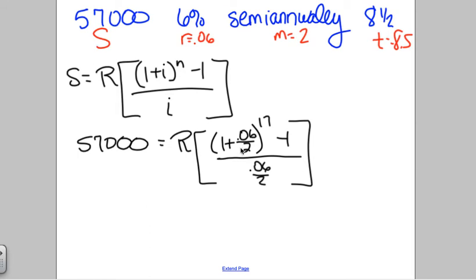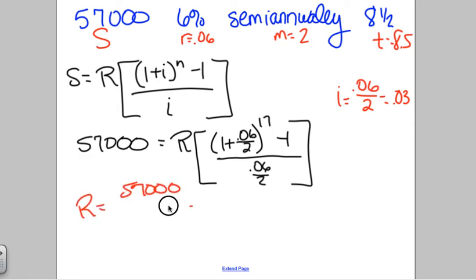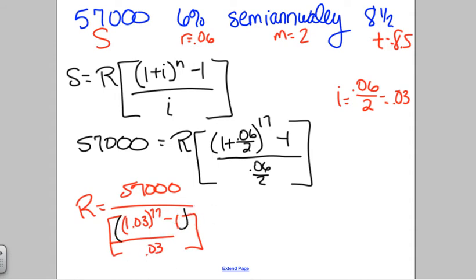Now for this one, it'll be easier for you to go ahead and calculate. 0.06 over 2 is really 0.03, so that's my I value. So when I put this in the calculator, I'm going to be dividing 57,000 by this entire fraction, which is really 1.03 to the 17th minus 1 over 0.03. You need to make sure, though, to put this in parentheses and that entire fraction in parentheses.